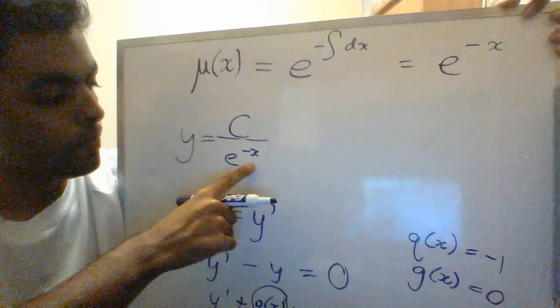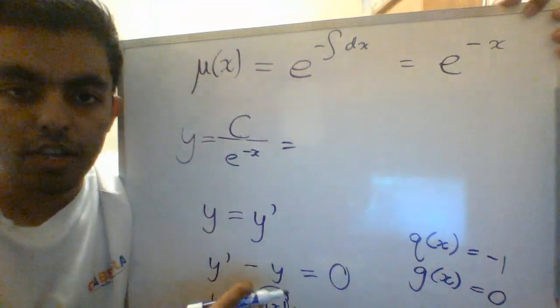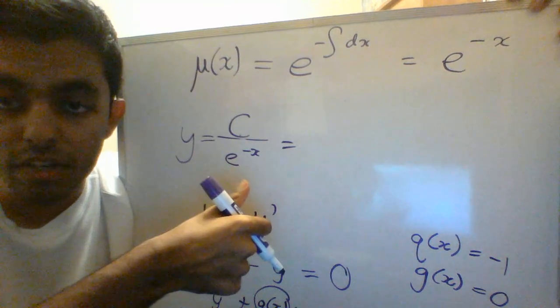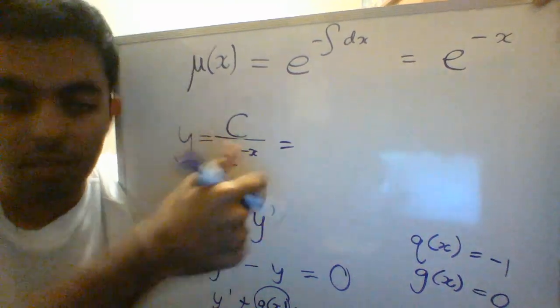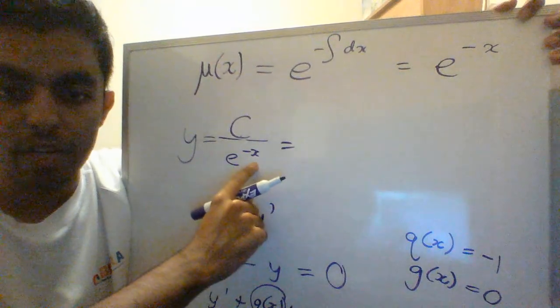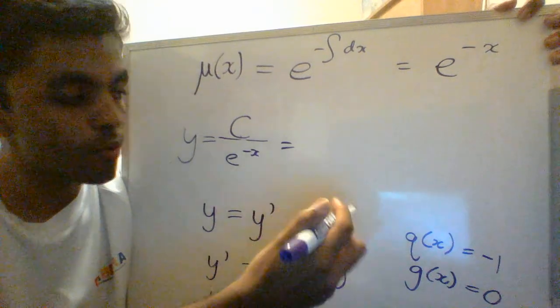So if you look here, e to the negative x, if you look at your exponent laws, you could change the exponent to become a positive exponent as long as you flip the fraction. So you've got e to the negative x in the denominator, and what you can do is make that e to the positive x in the numerator.